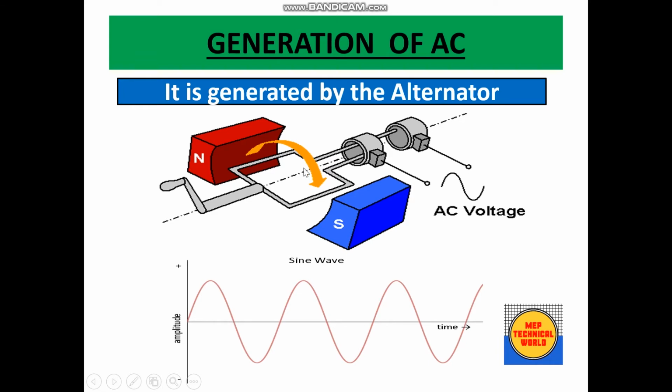The magnitude of EMF induced in the coil depends upon the rate of flux cut by the conductor. Hence, the generated AC is in the form of a sinusoidal waveform, which changes direction from positive cycle to negative cycle. In this way, it travels in the electric circuit.